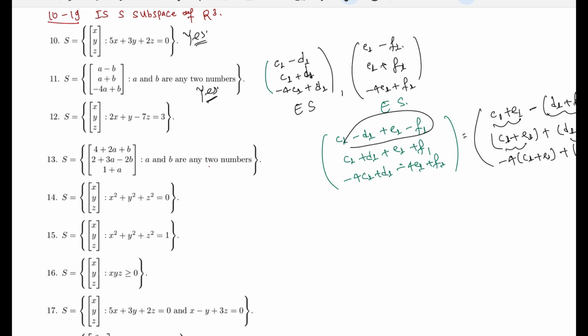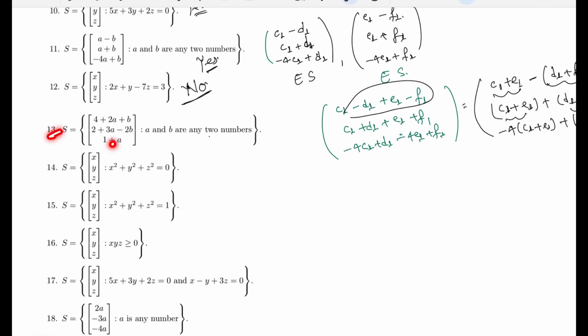And if you are not able to visualize this, just take vector 0 0 0 and try to satisfy this condition. You will see 0 is not equal to 3, right? So the 0 vector is not in the set, that is why this is not a subspace of R cube.